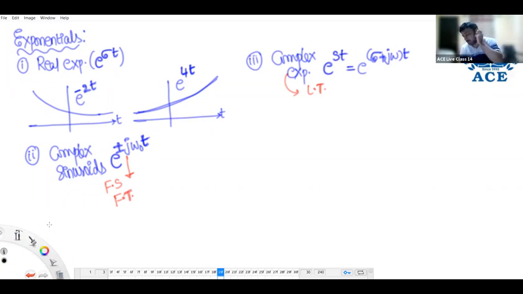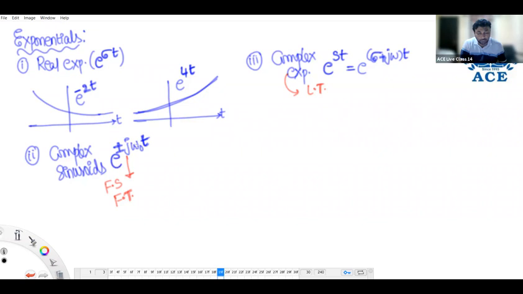Physical generation of complex signals is not possible, but still they are used because of their mathematical convenience. You perform any mathematical operation on them, they will reproduce the same answer.